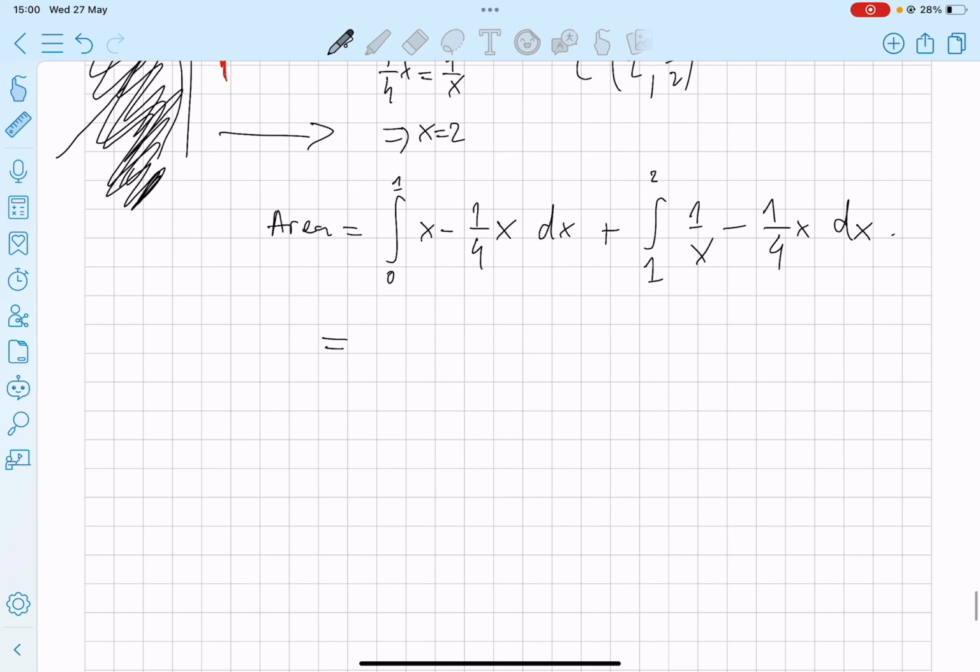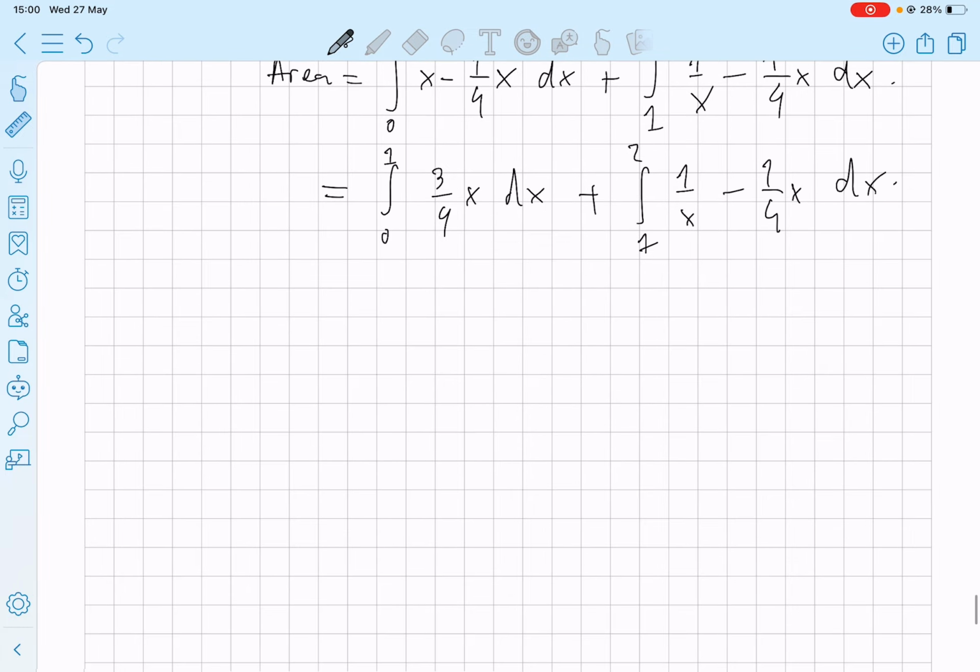The rest we just evaluate the integrals, really easy. So you have the integral of 3/4 x dx plus the integral from 1 to 2 of 1 over x minus 1/4 x dx.